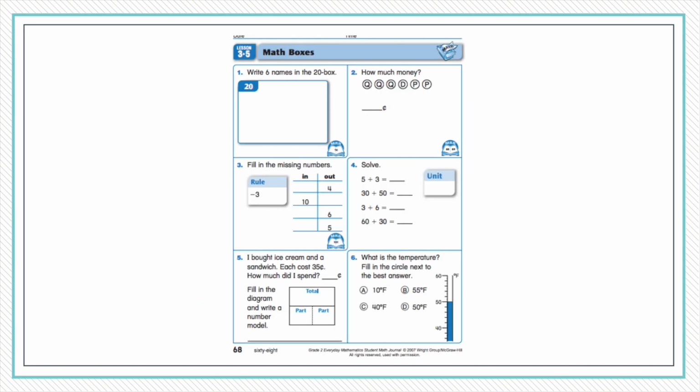Here's an example from a book, and just taking a look at the types of activities that they give. Almost all of them are very procedural. There's one where they're being asked to apply it, but other than that, the tasks really weren't a lot of conceptual understanding. So you've got to kind of make a decision about what you think about a resource, a textbook, whatever it might be, based upon those things.